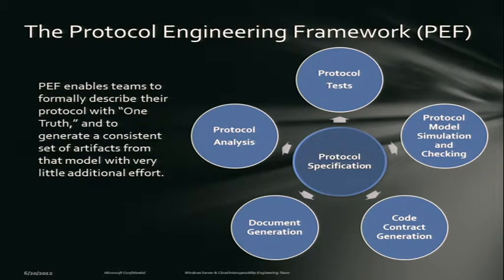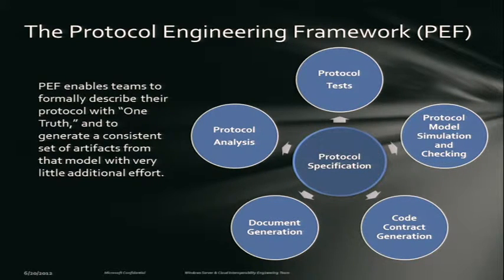Our goal here was to look at this and say, how can we formally describe the protocol so that we have one truth? And then generate artifacts such as the parsers and the documentation based on that one specification. The advantage is that we can start off with this one truth and have these other things depend upon it as artifacts, and they're all going to be consistent.